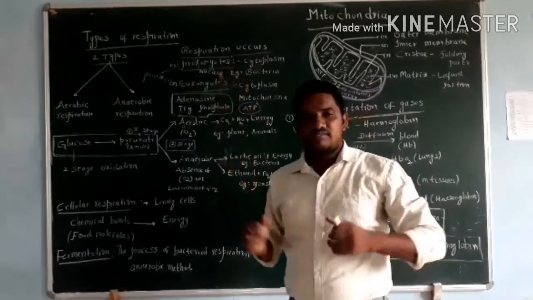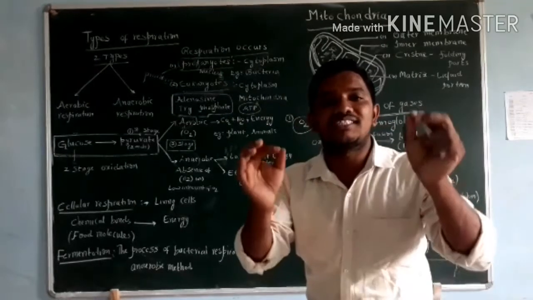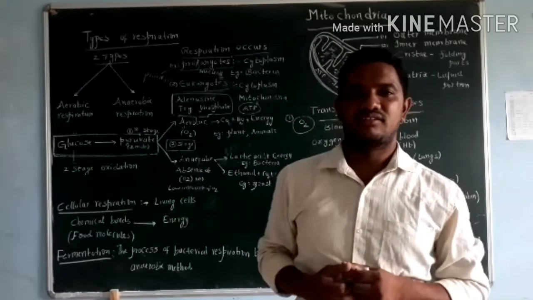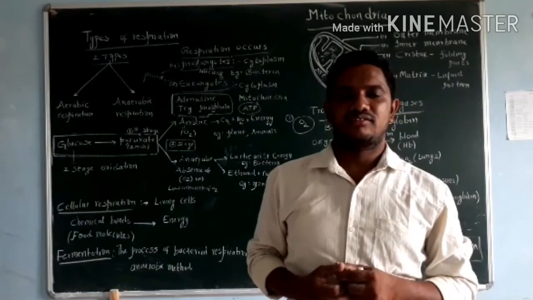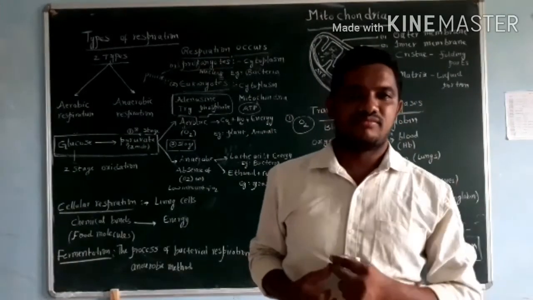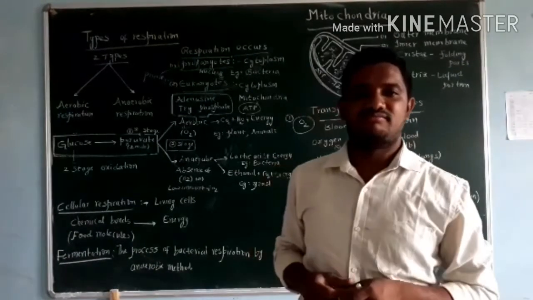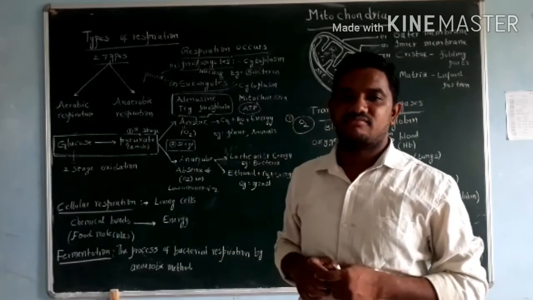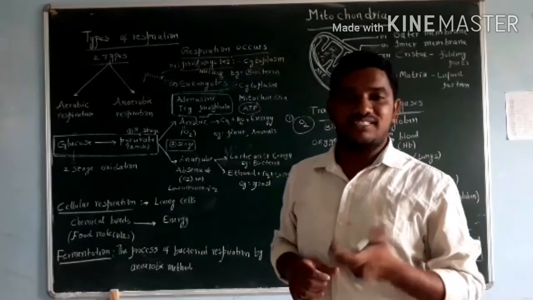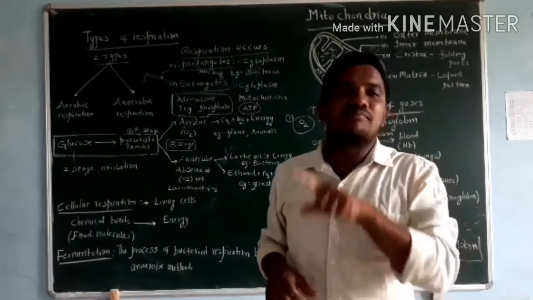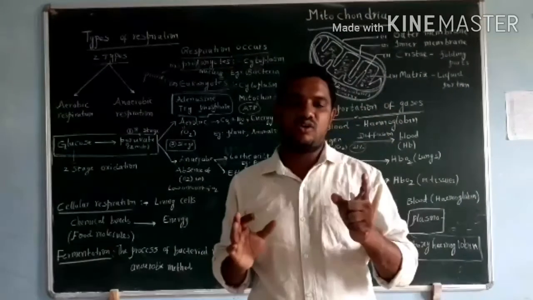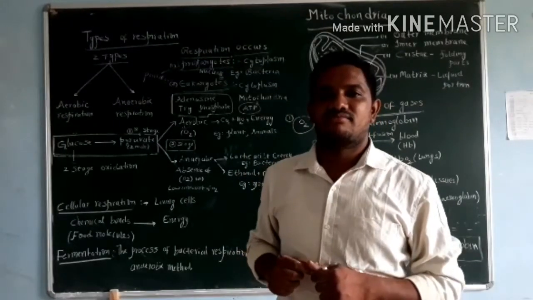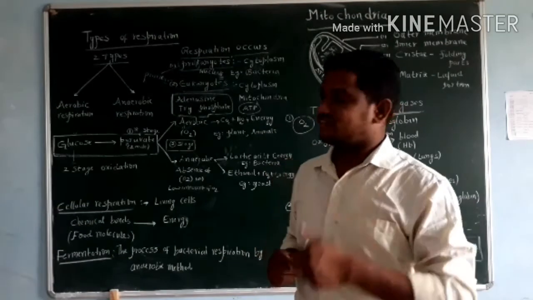In these organisms, a primitive nucleus is present. Primitive nucleus means an undeveloped, unorganized nucleus. There is no development of nucleus. Nucleus is present, but there is no nuclear membrane around the nucleus. That is called an unorganized, not developed nucleus.